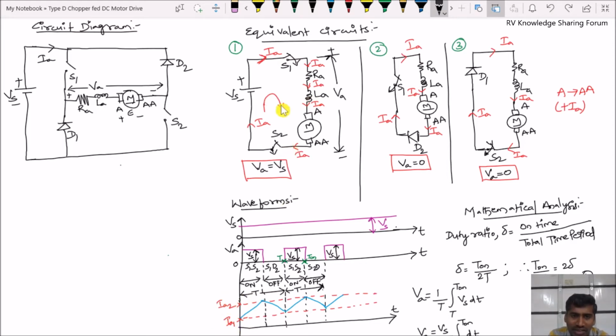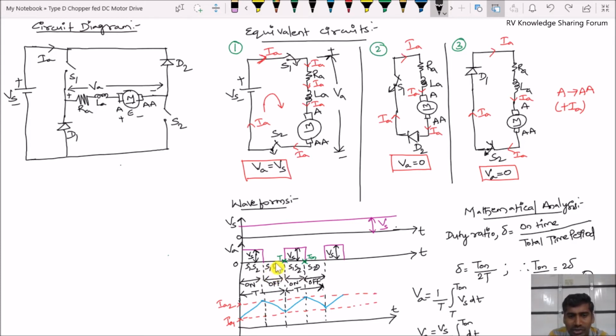As per our discussion, the current increases from the minimum level IA1 to the maximum level IA2. When it reaches the maximum level IA2, any one of the switches will be opened. Here switch S2 is opened, therefore the diode D2 comes into the forward bias mode.